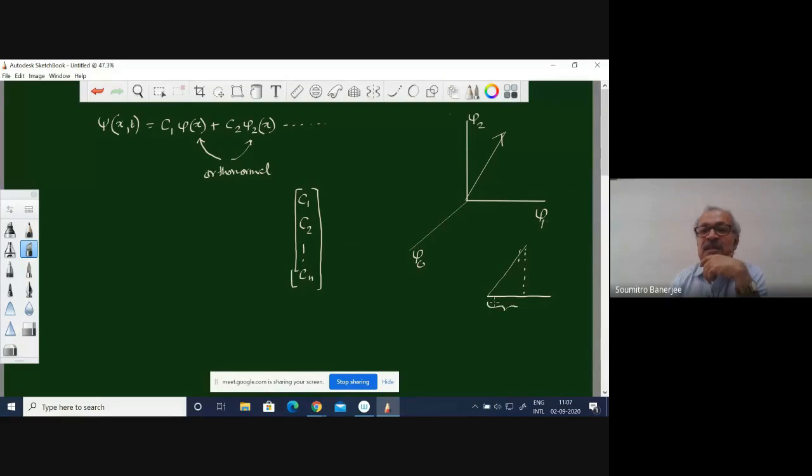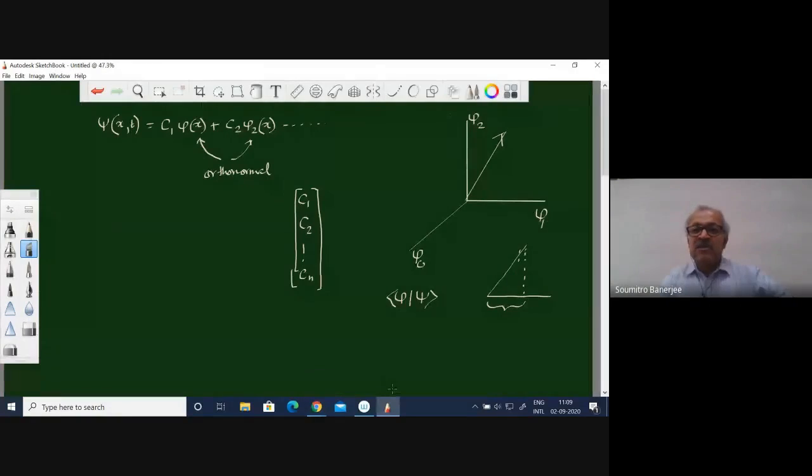So this operation between functions is similar to the operation between vectors, and the operation of the bracket is similar to obtaining a projection between vectors.